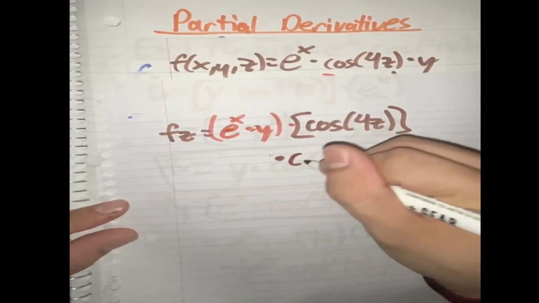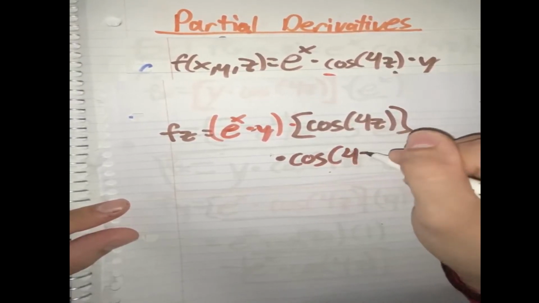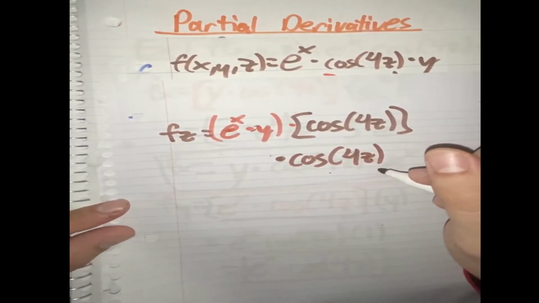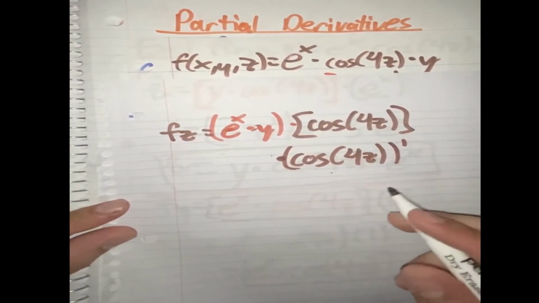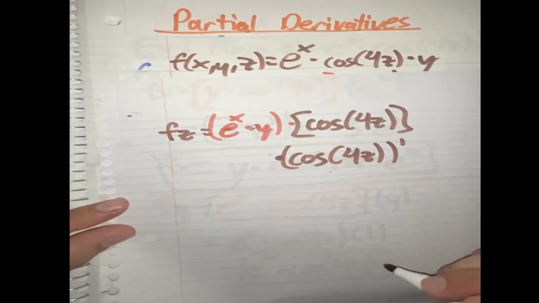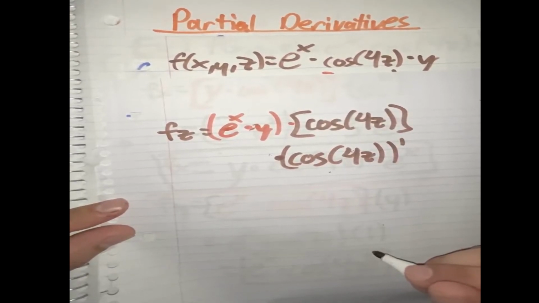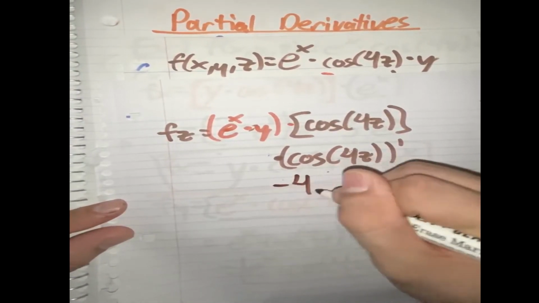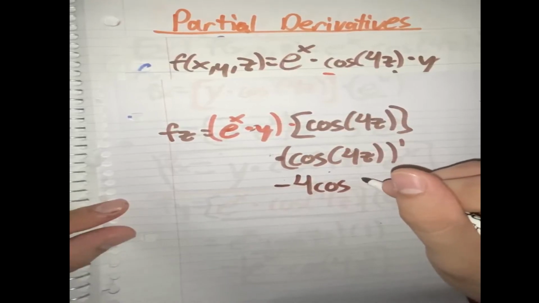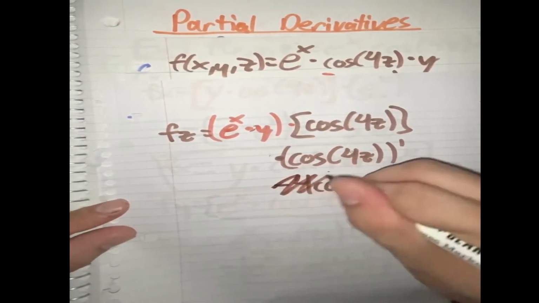So what's the derivative of cosine of 4z with respect to z? You apply the chain rule, which I'm just going to do because I have another video where I go over how to do the chain rule from calculus 1. So the derivative of this function would be equal to negative 4 cosine, or sine, sorry.